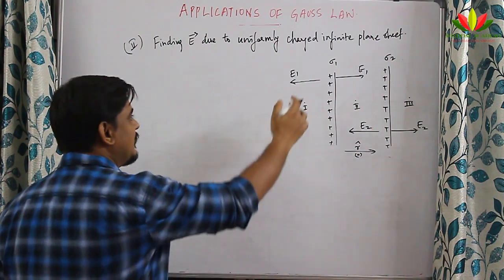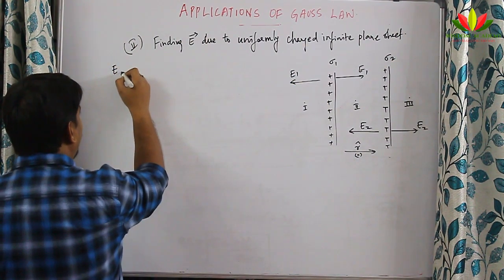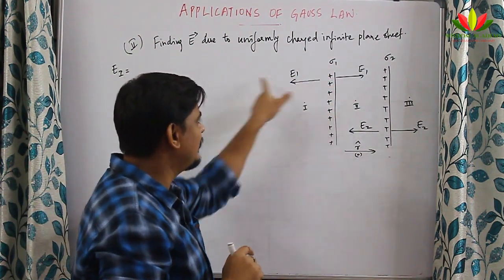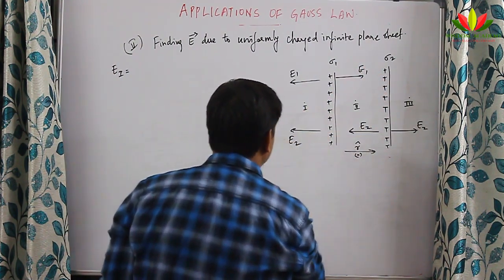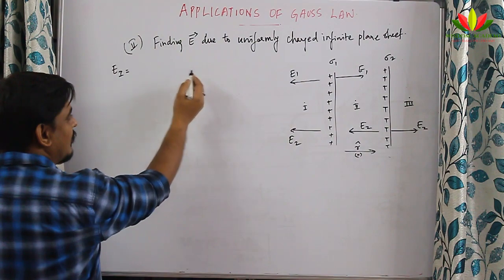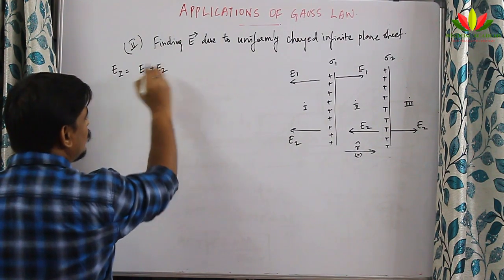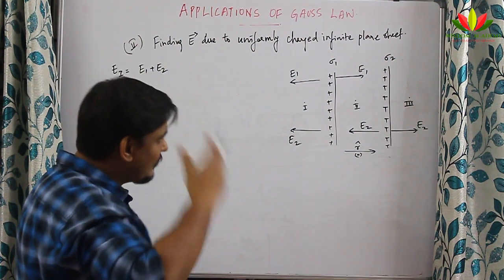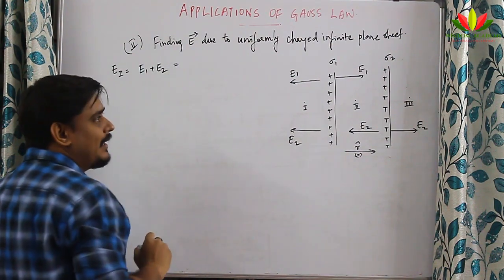So if we see at the first point, I am finding E at point 1. The electric field due to sigma 1 will be in this direction and sigma 2 will be in this direction, E2, isn't it? So I will write E at 1 is equal to E1 plus E2. Just now I have told the electric field due to an infinite plane sheet which is uniformly charged is equal to sigma by 2 epsilon naught.